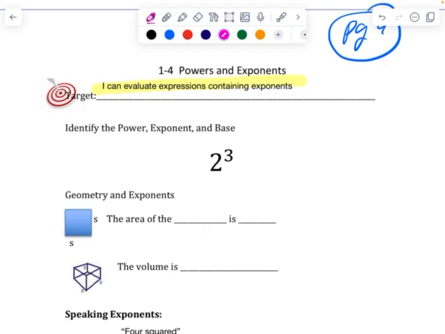All right, so first we are going to work on identifying what the power is, what the exponent is, and what the base is in 2 to the third. That's how I could read that, 2 to the third. The exponent is the smaller number up above.